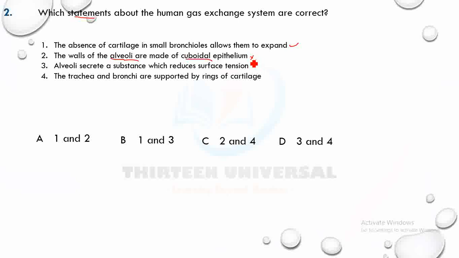Three, alveoli secrete a substance which reduces surface tension. Yeah, that's surfactant. That's correct. Four says the trachea and bronchi are supported by rings of cartilage. No, rings of cartilage support the trachea, but not the bronchi. So it's only 3 and 1 that are correct. That's B.